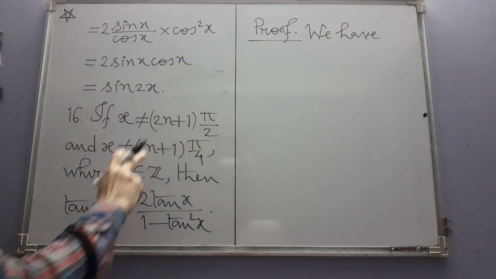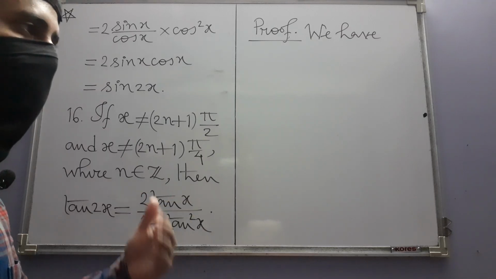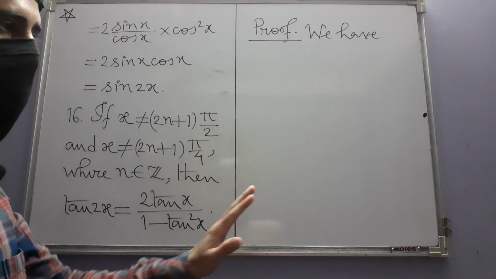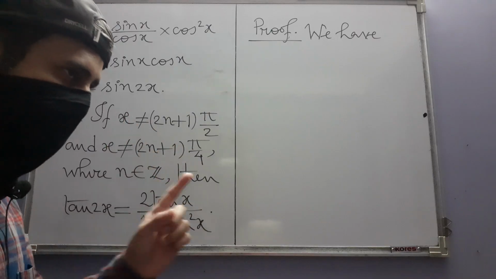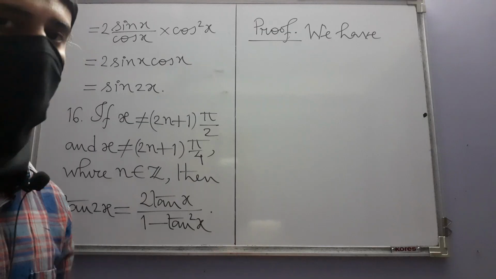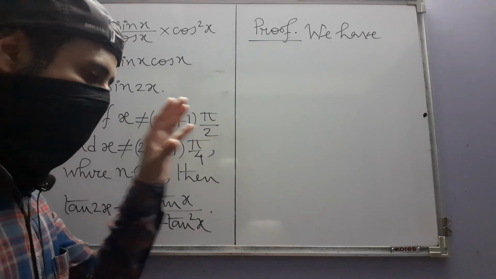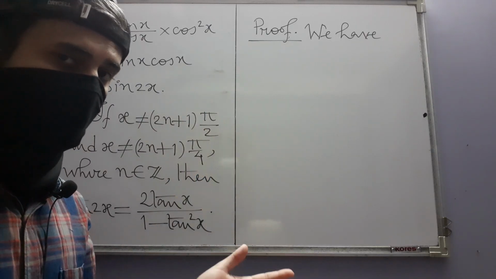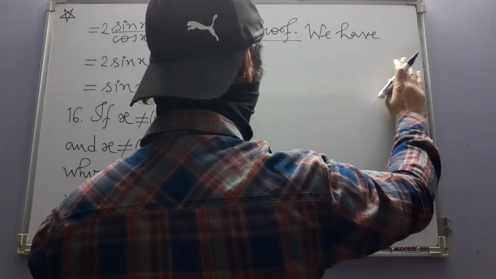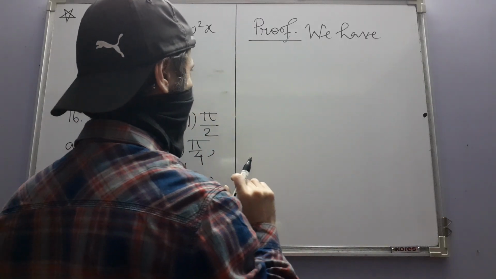These conditions ensure that x, y and x plus y are all different from any odd multiple of pi over 2, and that is why we can apply the tan x plus y formula with x in place of y. So here also, before applying the formula, you should at least see whether the requirements are satisfied or not. Yes, they are. And that's why we do not have to mention those things every time. You are convinced, so now you can just straight away apply the formula.